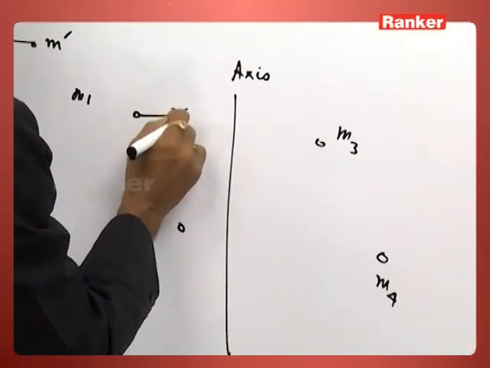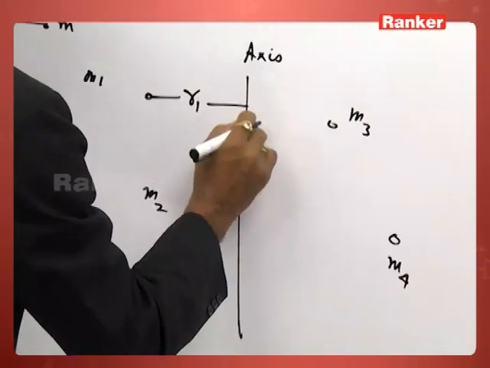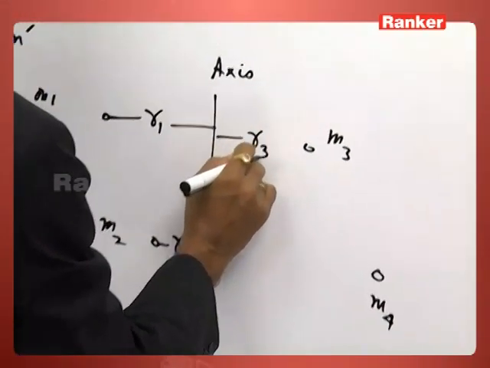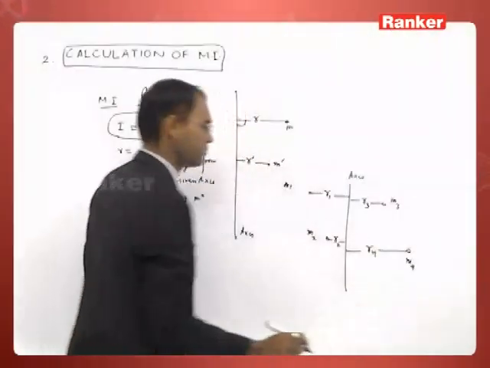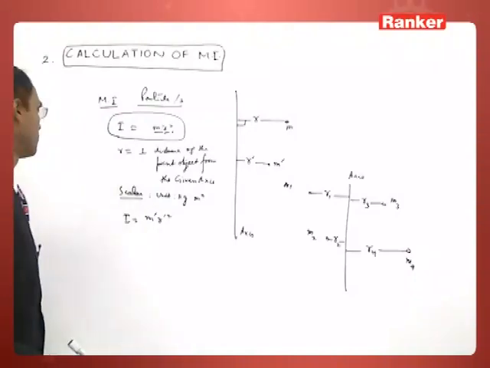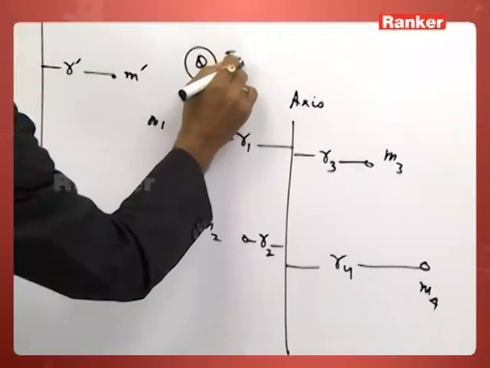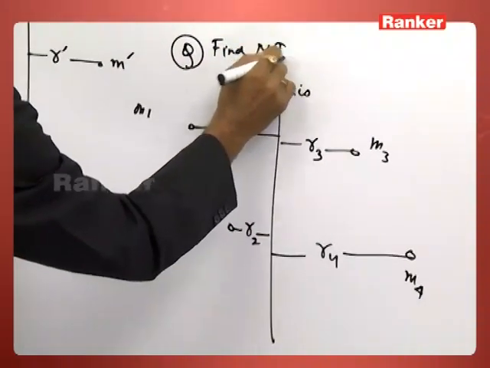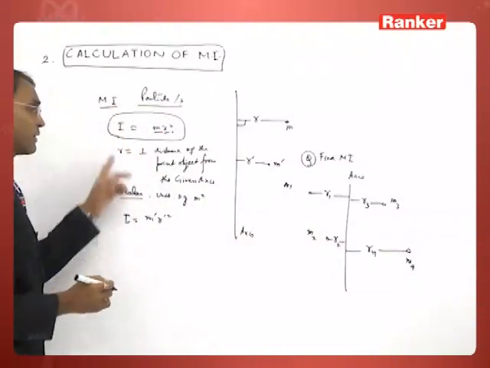This mass is at a distance of r1, m2 is at a distance of r2, m3 is at a distance of r3, m4 is at a distance of r4, and so on. Find moment of inertia about the given axis. So, moment of inertia is a scalar quantity.